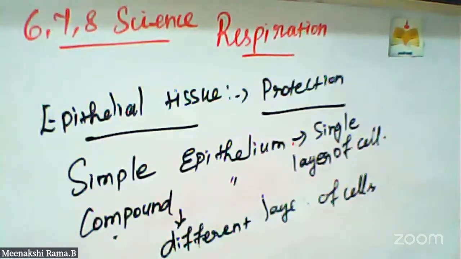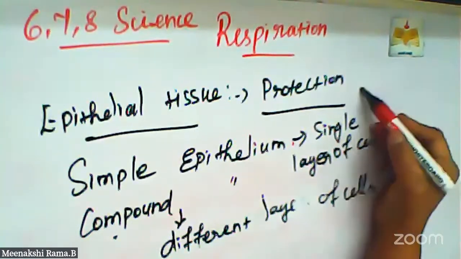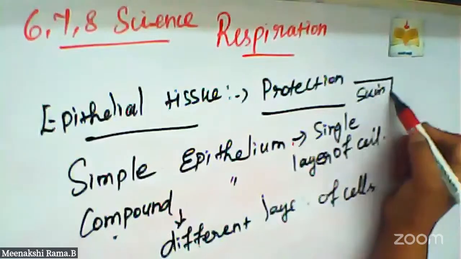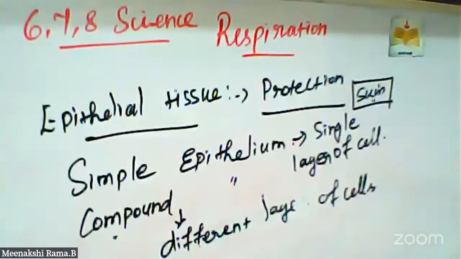All the organs are covered with the help of the skin only. The skin is formed with the help of the epithelial tissues. So the main function of the epithelial tissue is skin formation.